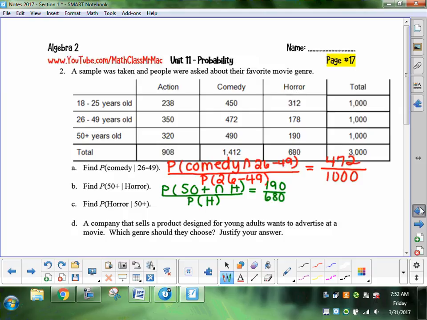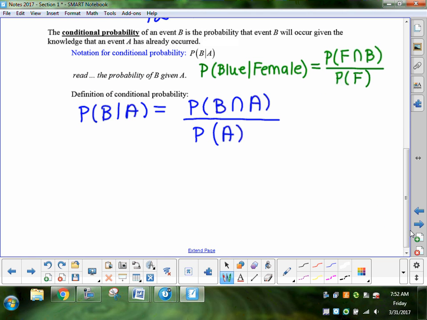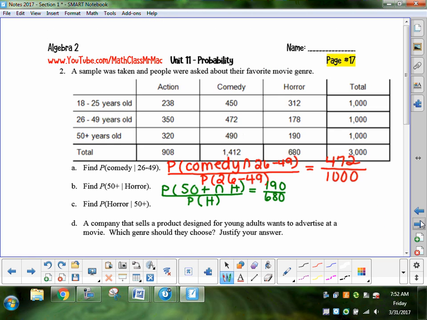Remember, it goes as we're working across: the probability of B given A. So what this is telling us is the probability of them liking horror given that they're 50 years and above. This next one is the probability of being 50 and over given that you like horror. It doesn't seem like a big difference, but it kind of is going to be.